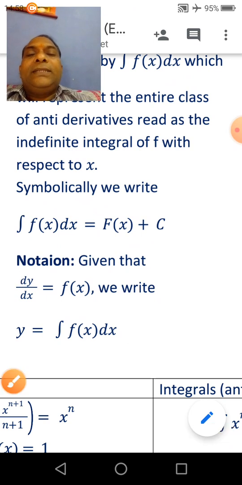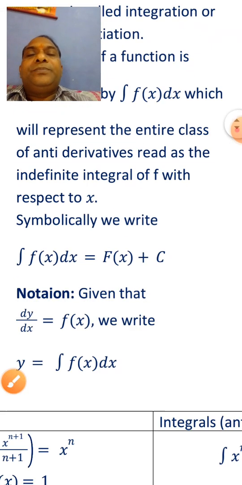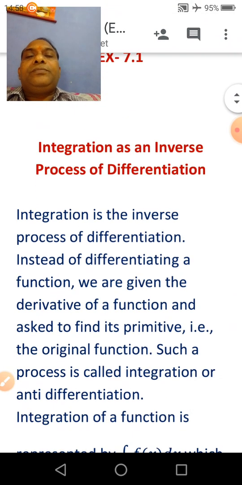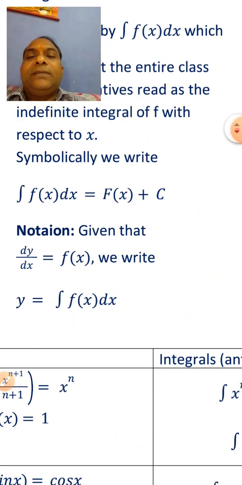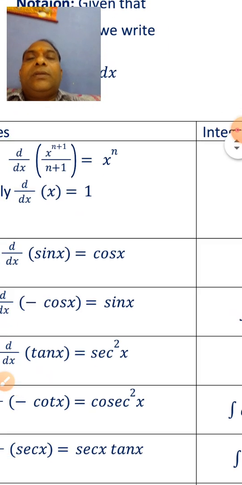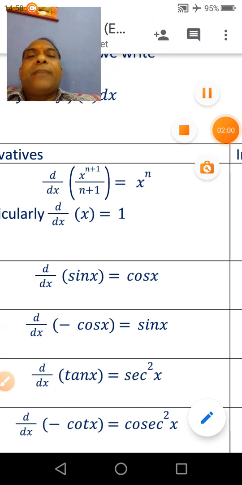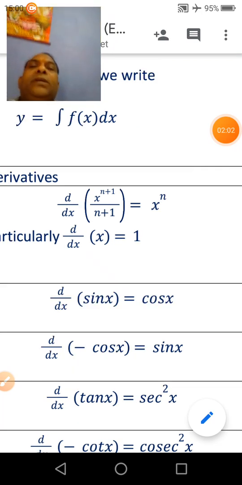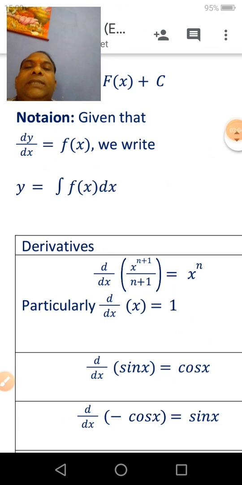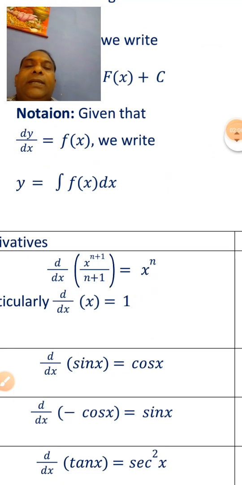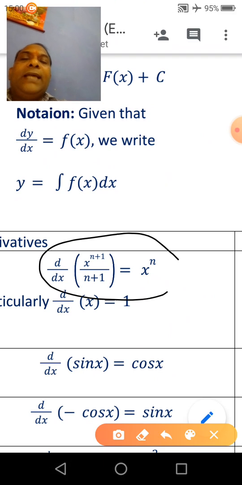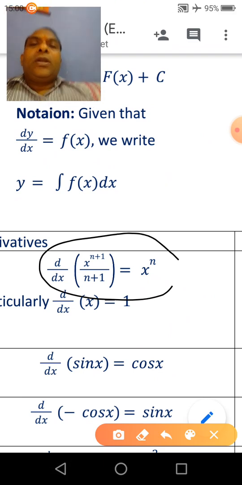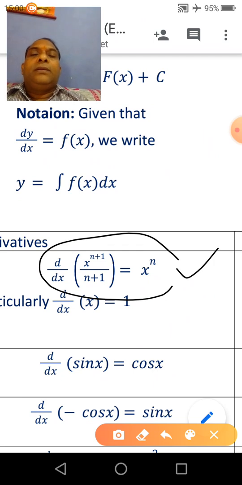So, as integration is the inverse process of differentiation, now see these examples. So now see here derivatives. d by dx of x to the power n plus 1 upon n plus 1 is equal to x to the power n. Clear?